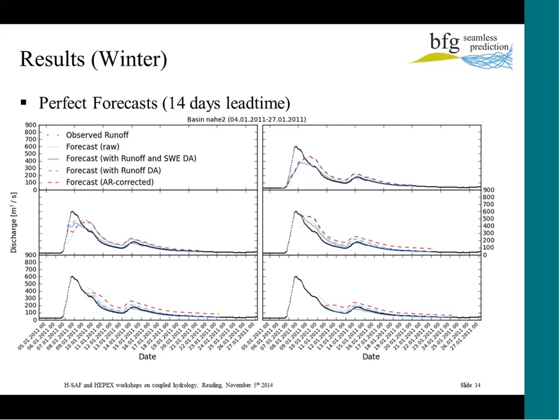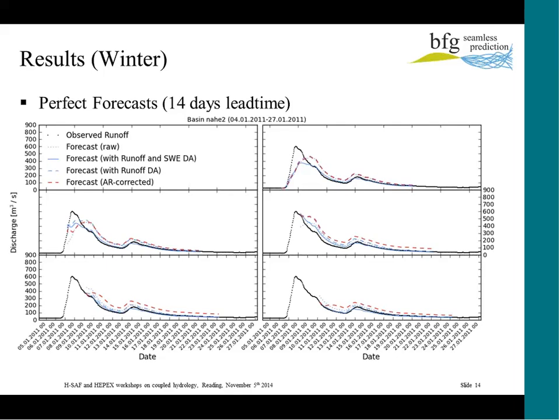And also this blue solid line indicates forecasts based on assimilated snow water equivalent and runoff, and the dashed light blue line indicates forecasts only based on assimilated runoff. So in the first forecast you can see that none of those forecasts hits the peak of the melt event at all.